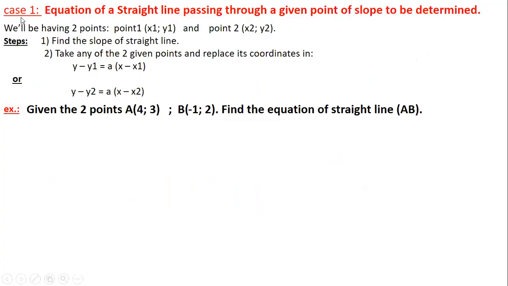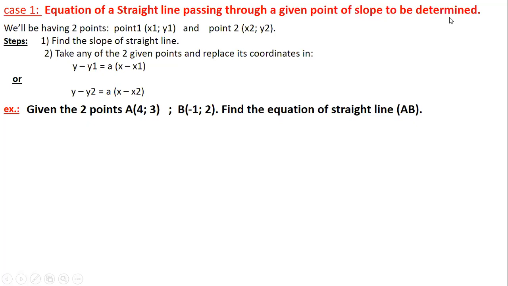Case number one, we will learn how to write an equation of a straight line passing through a given point. So this straight line will pass in a given point. What do we mean by a given point? A point given from me. I will give you the name of the point with its coordinates, but of a slope to be determined.